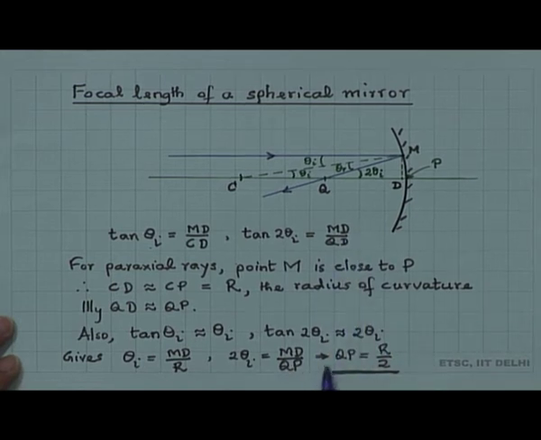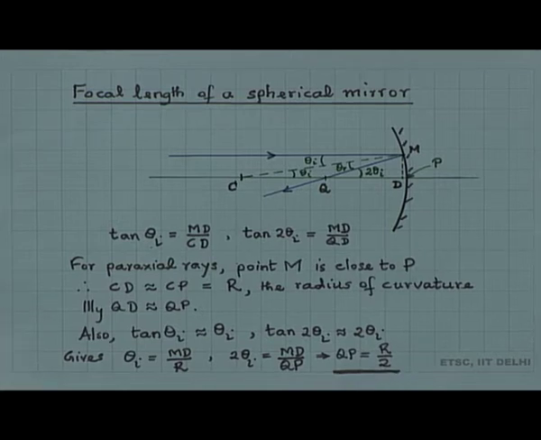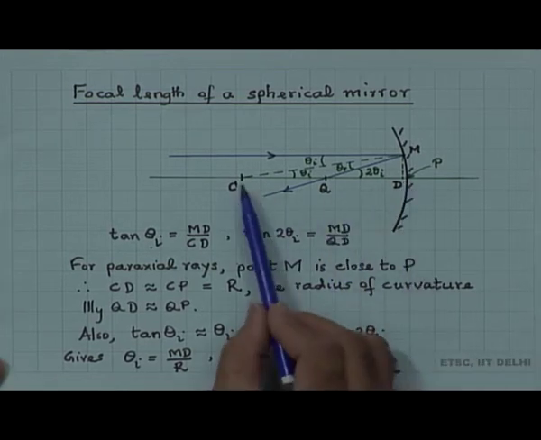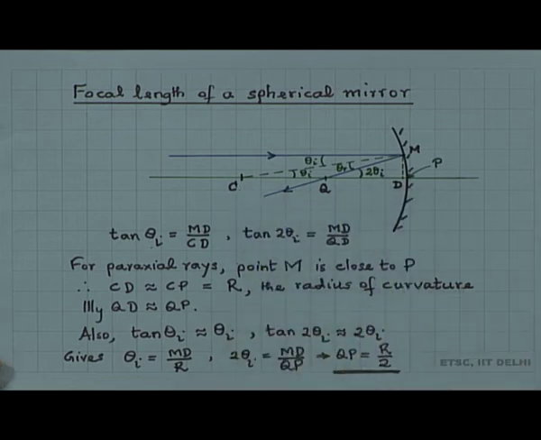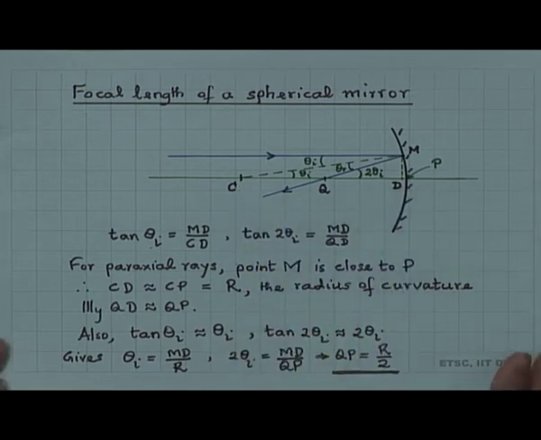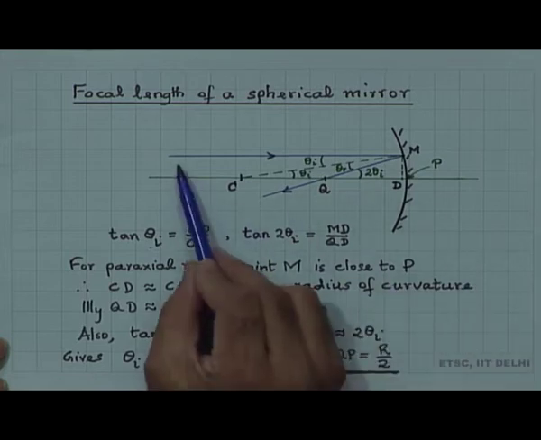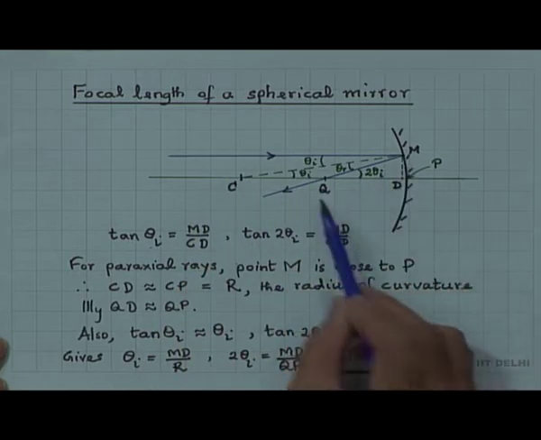So, if you divide one by the other, you can see QP is equal to R by 2. R is the distance CP, the radius of curvature, and QP is equal to R by 2 for a parallel incident ray.